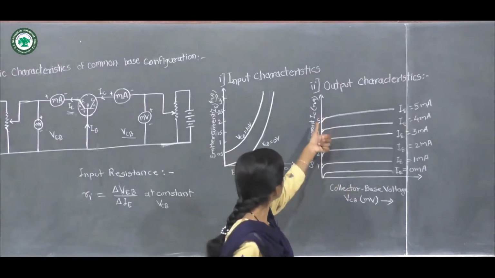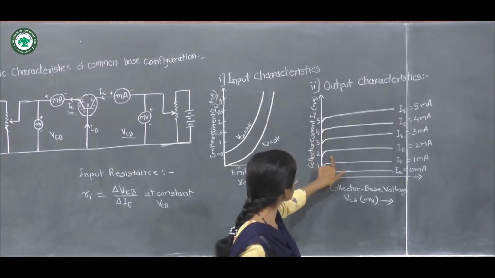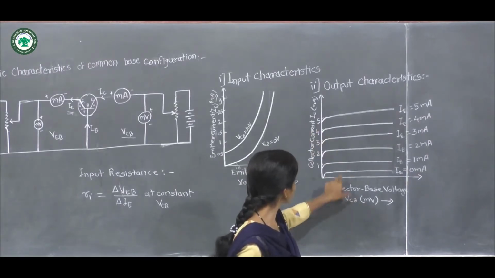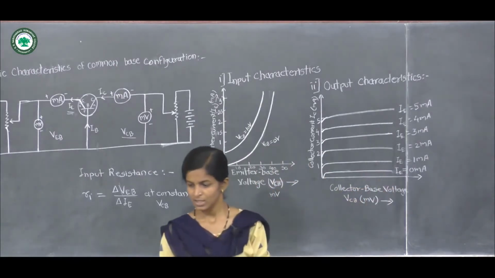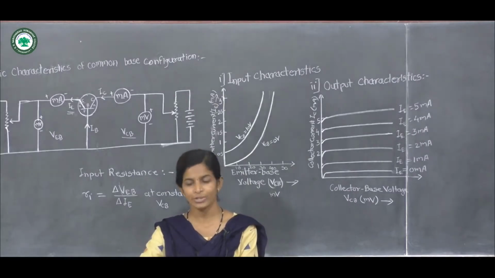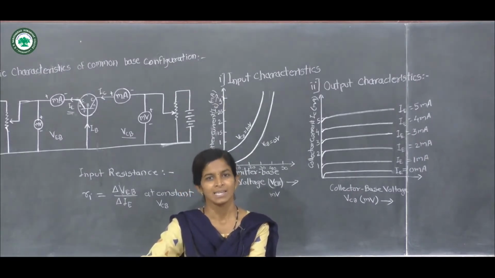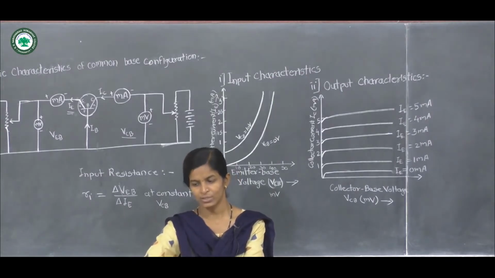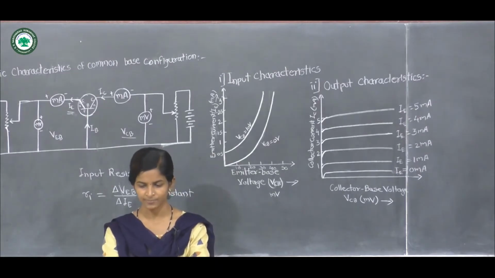IC is independent of VCB and depends upon IE, that is emitter current only. The transistor is always operated in this region.